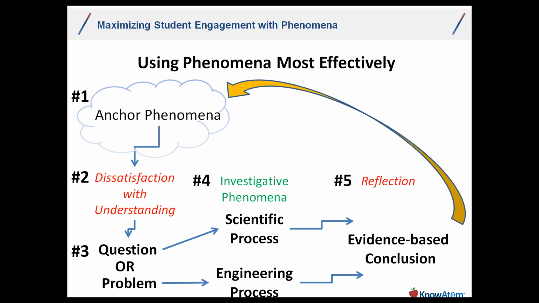And then as a result of carrying out the investigation, students get data. That's sort of a self-correcting piece there because if students follow their procedure or they don't, they actually are going to get different results.